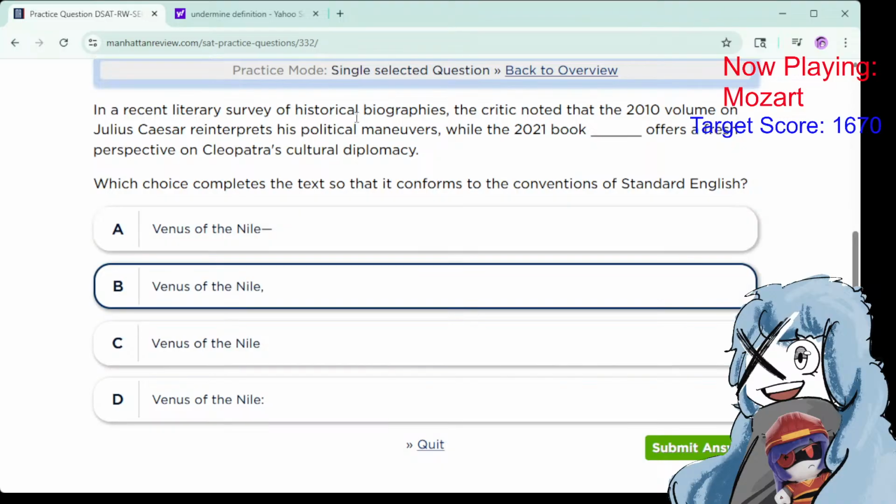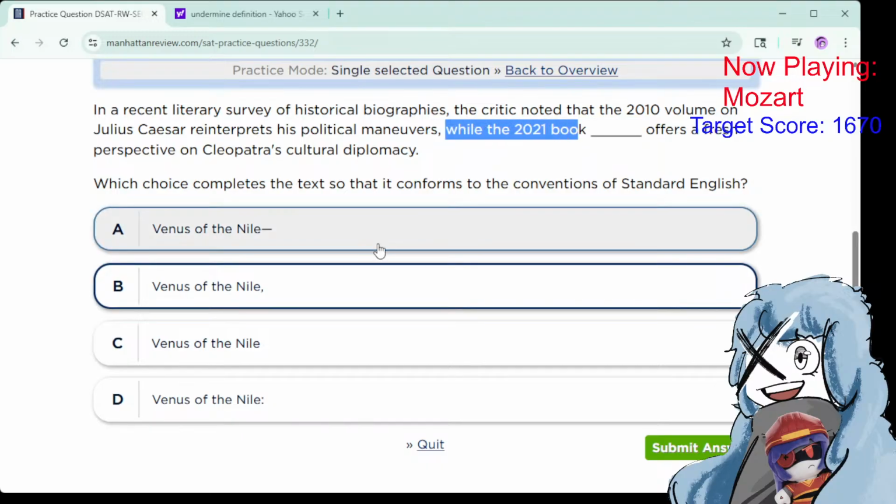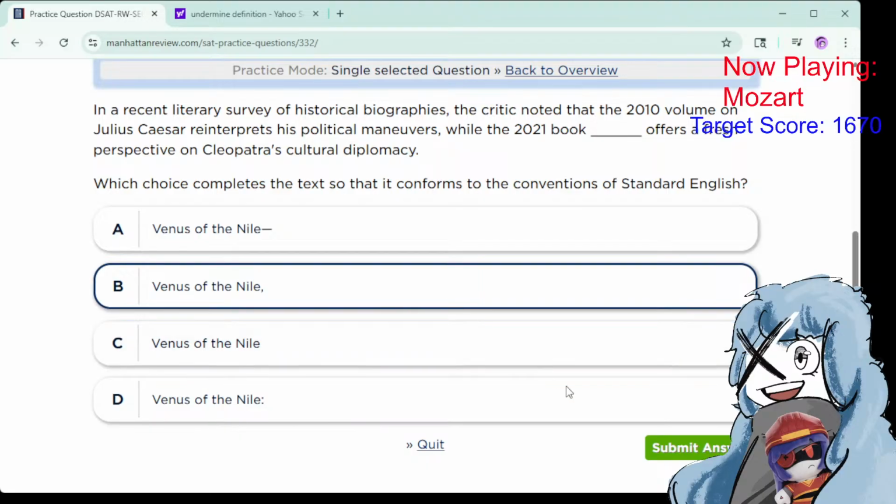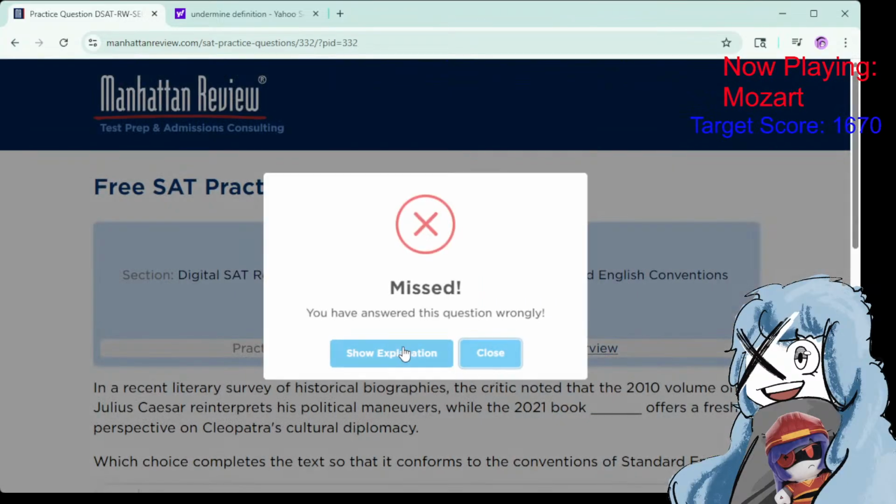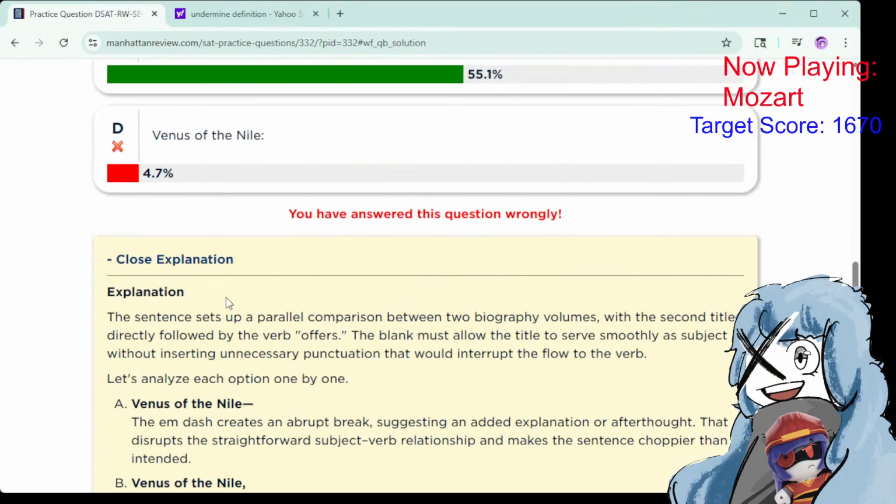The comma doesn't make sense because that would mean this whole part is deleted and needs to fit. Volume reinterprets its political maneuvers, offers. So offers directly talks about this. I think this is the best one. I think. Yes, I don't know. I don't understand this one.